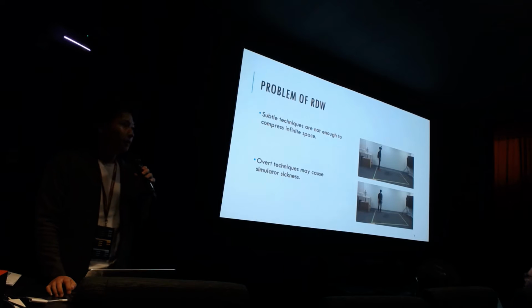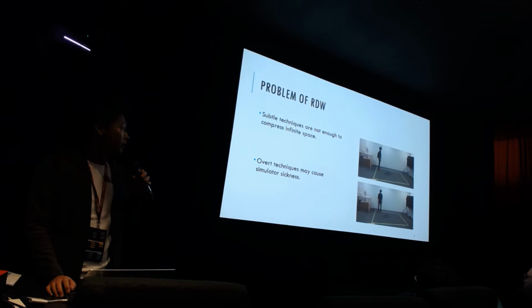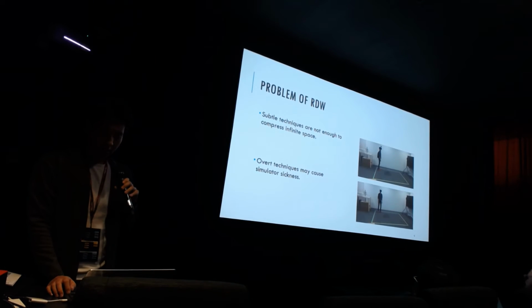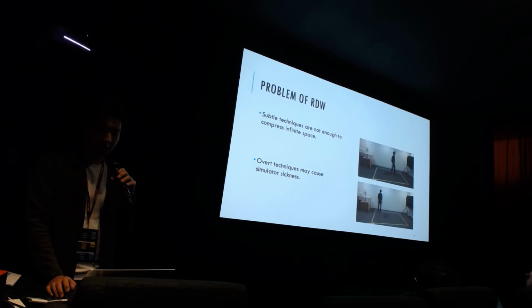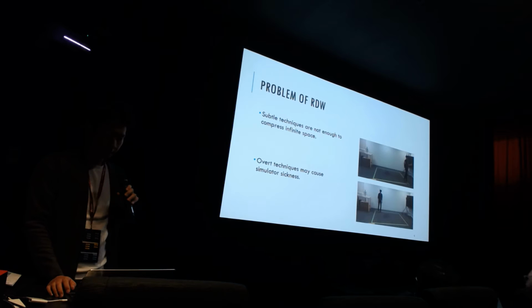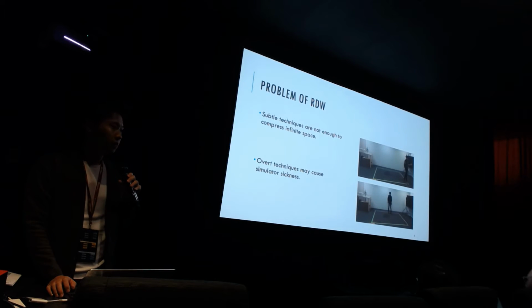However, of course, there are some problems with redirected walking. With subtle techniques, their detection thresholds are usually very severe, so it is often insufficient to compress a huge virtual space. On the other hand, overt techniques will be easily noticed by users and may cause simulator sickness.